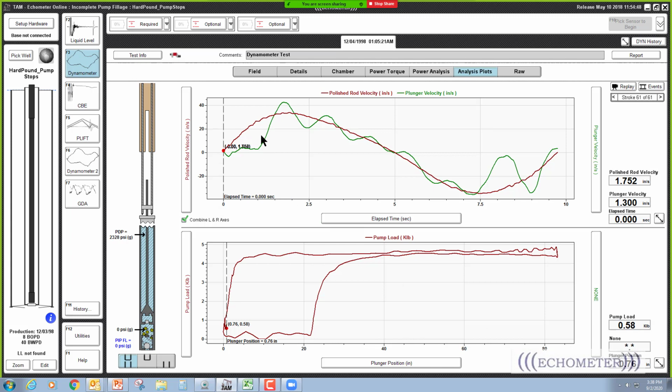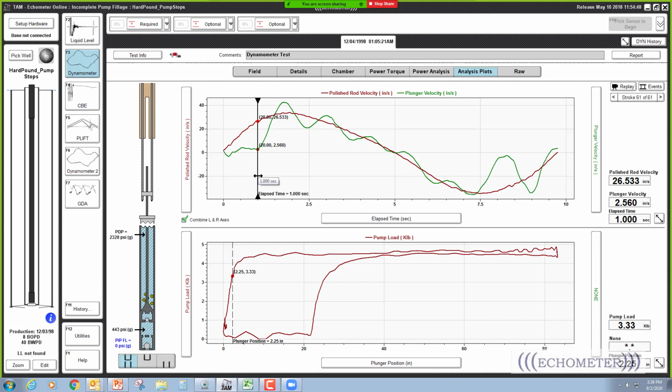So if I look at the plunger at first, when it picks up the fluid load, from here to here, notice the plunger velocity is 0. See right here, it's from 0 time to about that time right there.